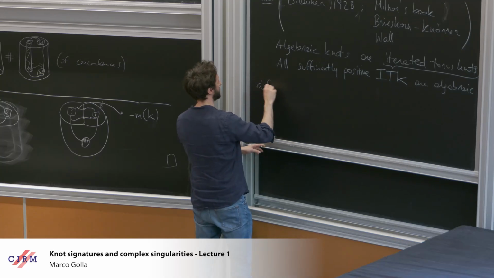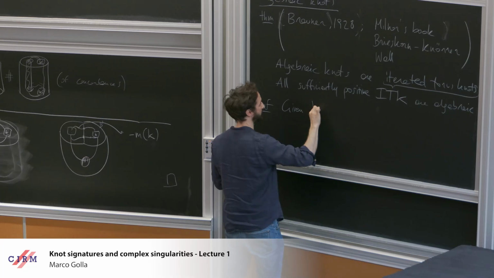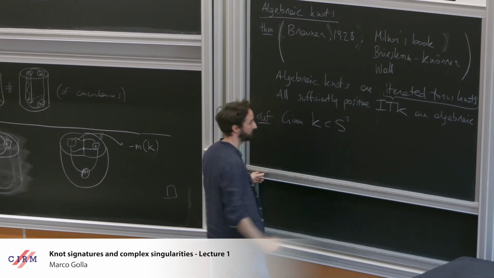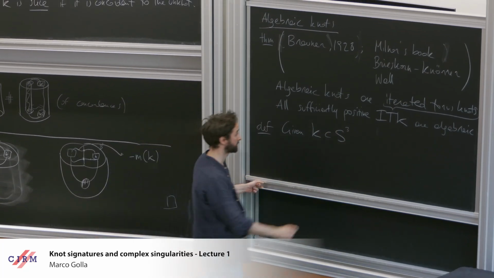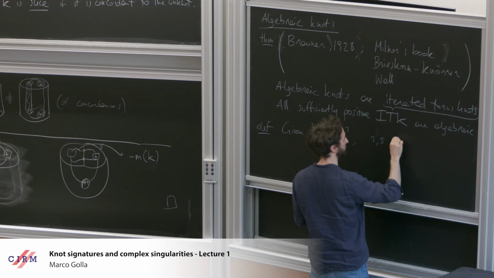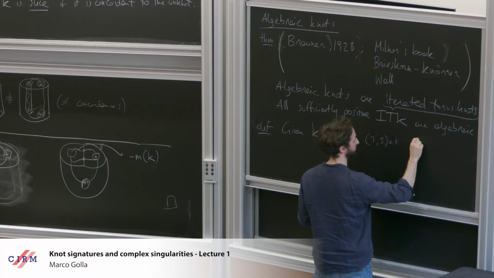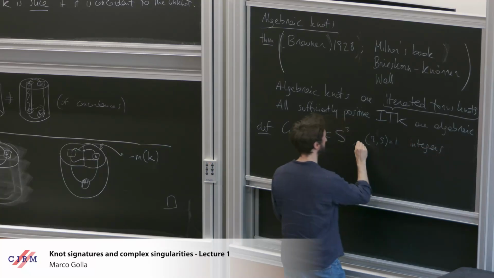So I need to define what a cable is. Given K in S3, any knot, and two parameters R and S, co-prime integers, let me write GCD.